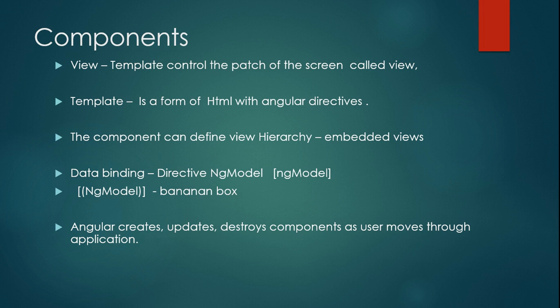Lifecycle hooks are optional, and we can implement those interfaces, and the Angular framework calls those methods when those events are triggered. So an Angular app can take action at each event through lifecycle hooks.